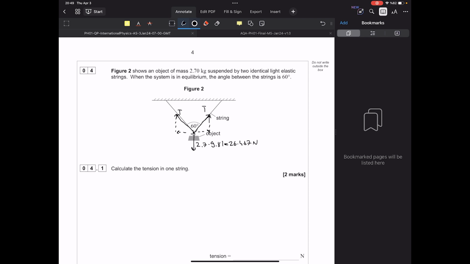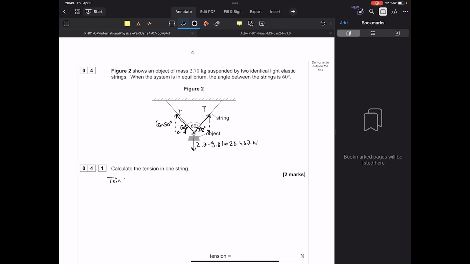So that means one of the vertical components must be half of the weight. This angle right here is 60 degrees, and so is this angle. So this is T times the sine of 60 degrees.